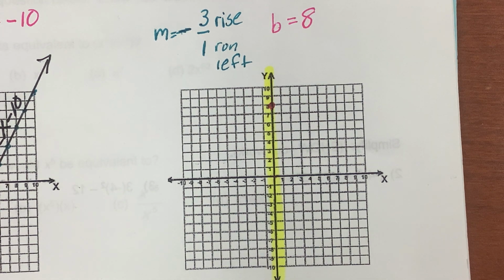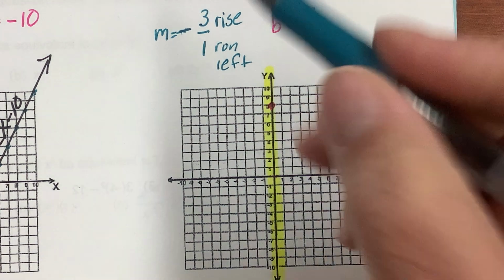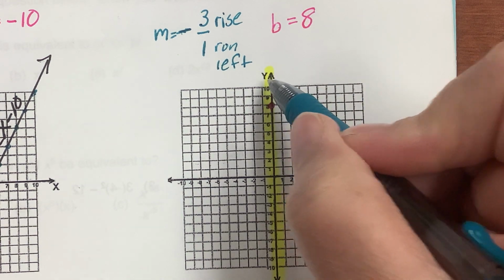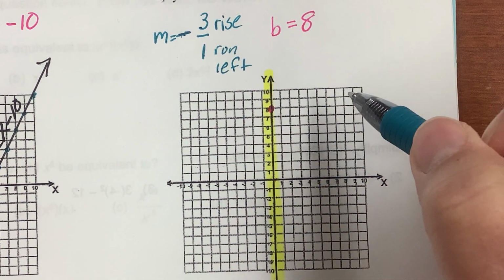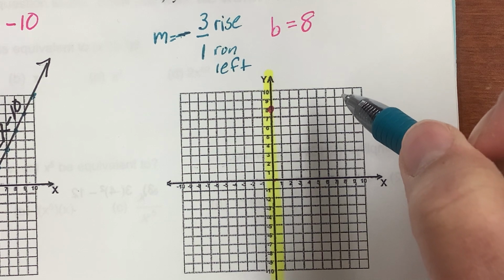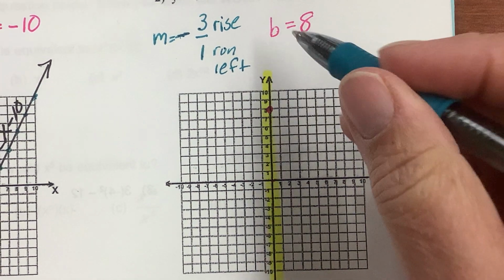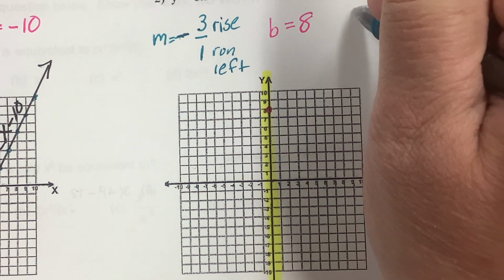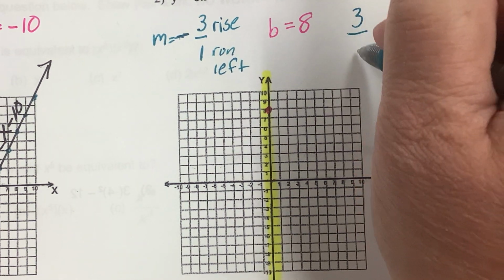And from there, I'm gonna rise 3, 1, 2. Oh, bother. I can't rise 3. What can I possibly do? I know what I can do. I can do the reverse.